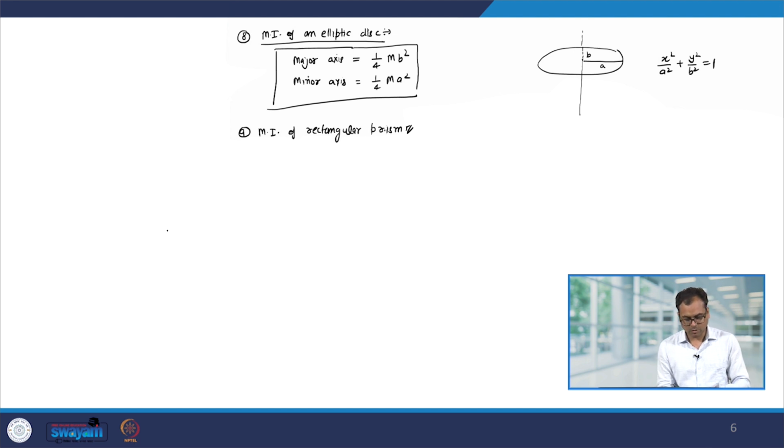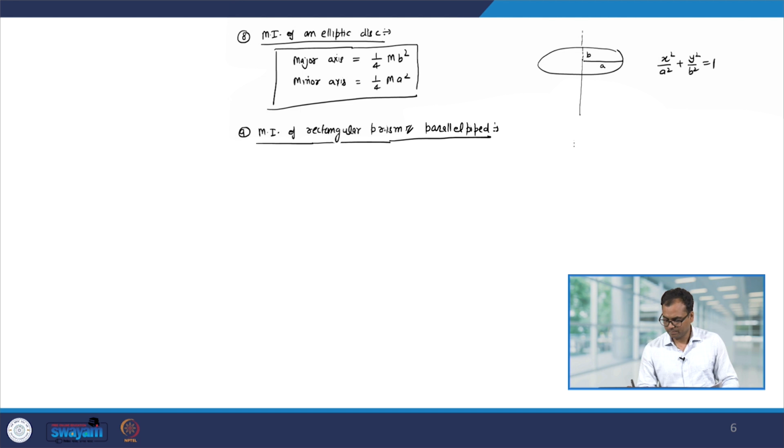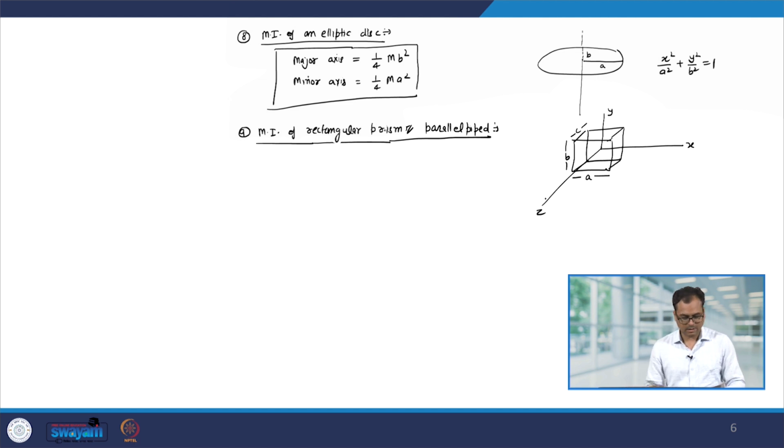Now, the moment of inertia of a rectangular prism, or sometimes it is also called a parallelepiped. We have this parallelepiped, let us say its lengths are A, B and C, with the x axis, y axis and z axis.